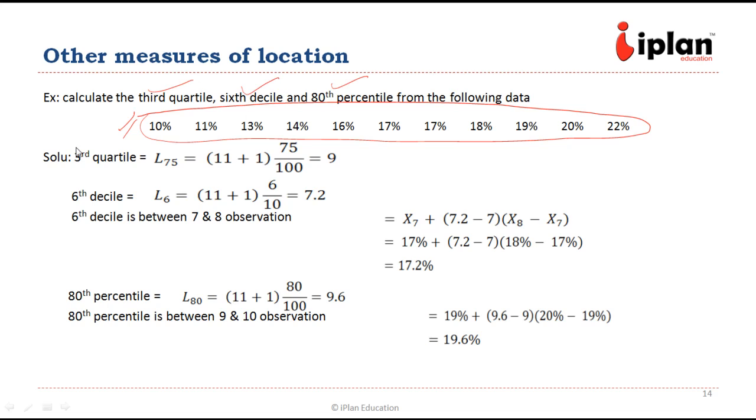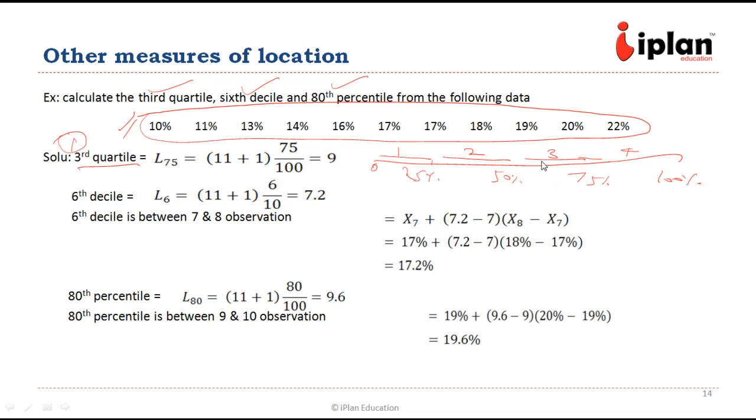Let us start with 3rd quartile, the first case. So there are 4 quartiles. We know 0 to 25%, that is 1st quartile. Then 25% to 50%, that is 2nd quartile. 50% to 75% is 3rd quartile, and 75 to 100% is 4th quartile.